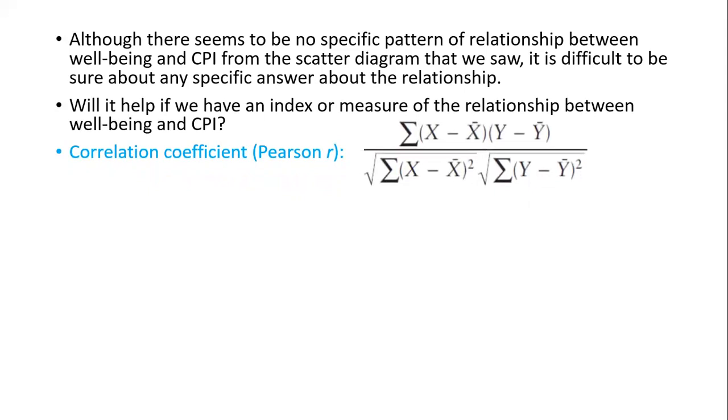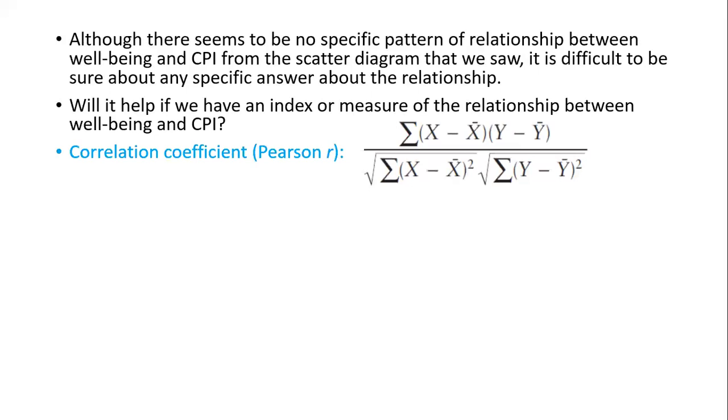And this is where the correlation coefficient comes in, which is derived with the help of this particular formula. In the numerator, we find the formula for covariance, the summation of x minus x bar multiplied by y minus y bar.